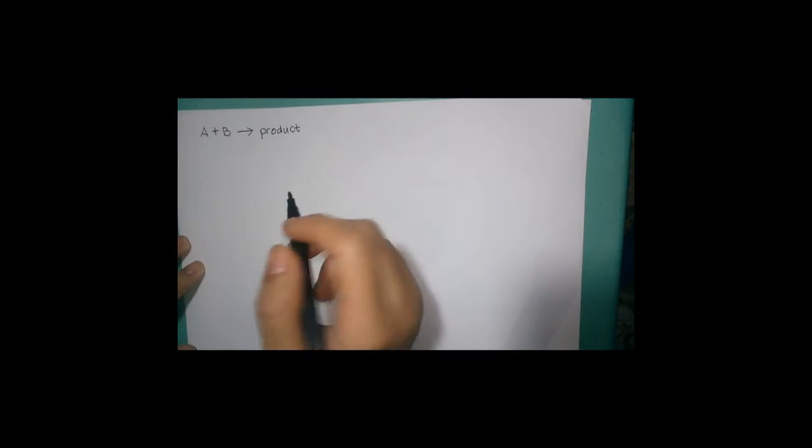Then we know that our A is the ethyl ethanoate, which has the chemical formula of C4H8O2, and our B is the NaOH, sodium hydroxide, so plus NaOH equals product. So next, we will analyze what are the given parameters in our problem.